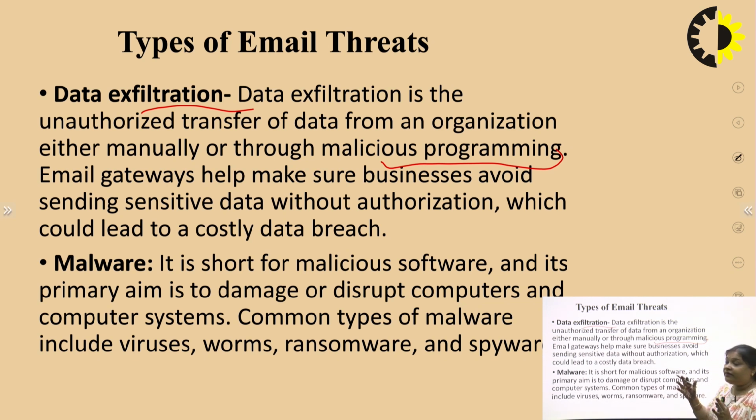It can be done manually by some person sitting at a system and transferring that data, or there may be some lines of code used to transfer authentic data of an organization to malicious users or hackers.